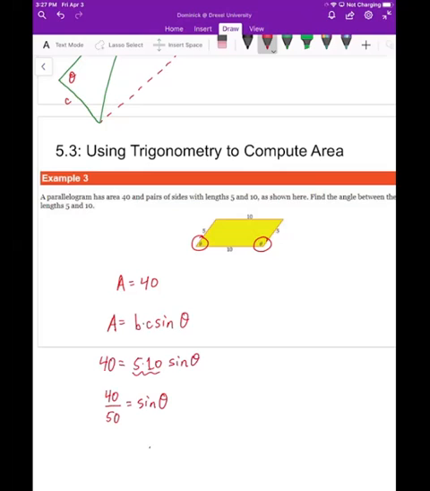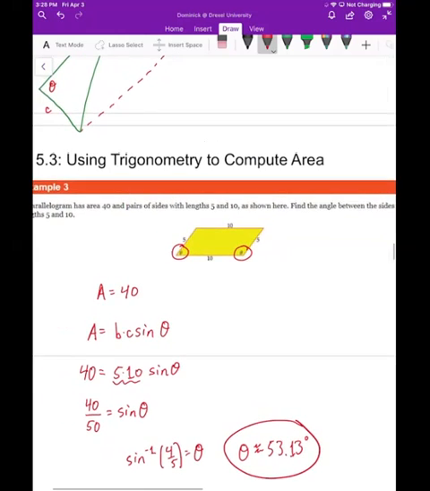So now I need to find the inverse sine of 4 over 5, and that will give me my theta, right? So if I find the inverse sine of 4 over 5, I'm going to get that my theta is roughly equal to 53.13 degrees.